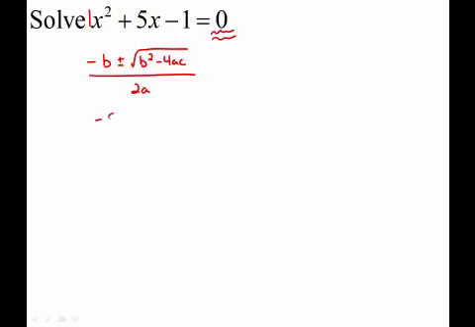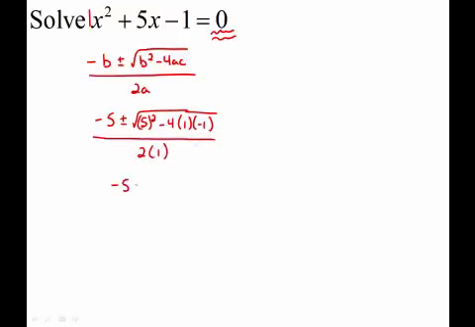So we've got negative 5 plus or minus the square root of 5 squared, and I would put that in parentheses, just in case it's a negative number. That'll possibly mess things up if you don't. Minus 4 times 1 times negative 1 all over 2 times 1.